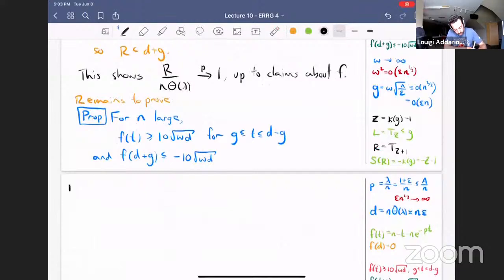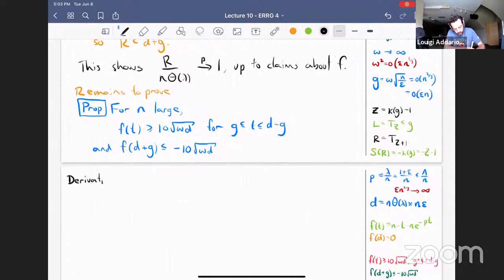But to start to get these bounds, I want to just compute the first two derivatives of f and then write down some simple inequalities. So what's f prime of t? That's minus 1 plus np e to the minus pt.